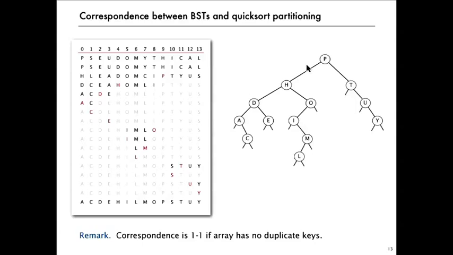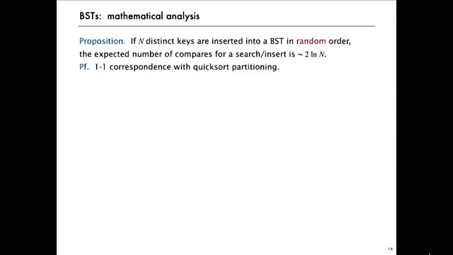There's a direct correspondence. If there are no duplicate keys, which we've ruled out in BSTs, there's a one-to-one correspondence between what happens with quicksort and what happens with binary search trees. We point that out because that helps with the mathematical analysis.